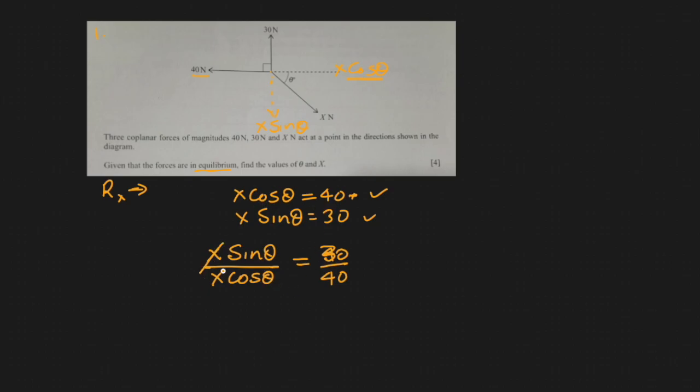The purpose was to cancel x and x. So if x is cancelled, sine over cos is tan theta equal to 30 over 40, the zeros cancel, 3 over 4, and theta becomes tan inverse 3 over 4. Just put this in a calculator and you'll get an answer.